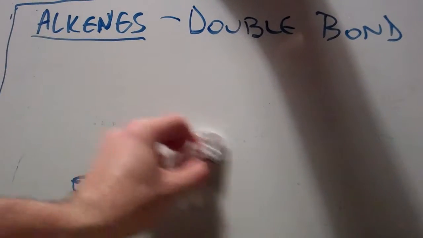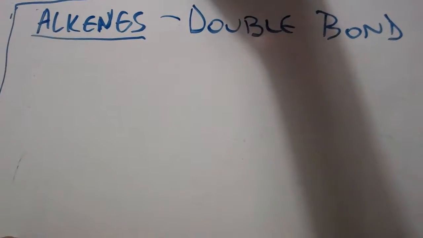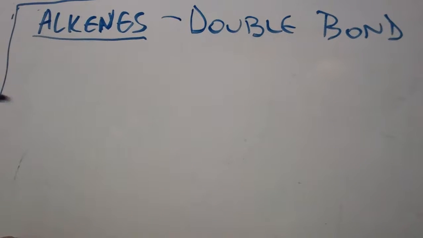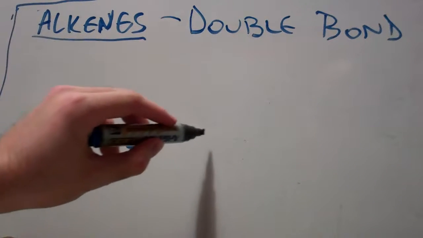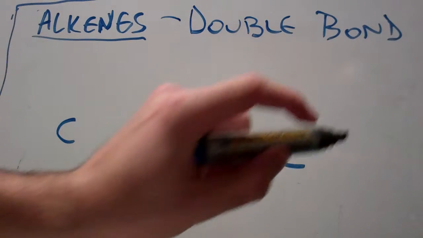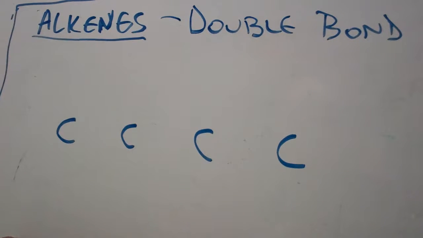If we move on to something a little bit larger, let's look at 4 carbons. When we've got 4 carbons, for an alkene that's got 1 double bond in it, you can place the double bond in multiple positions, which is still the same alkene, it'll just change the name slightly.